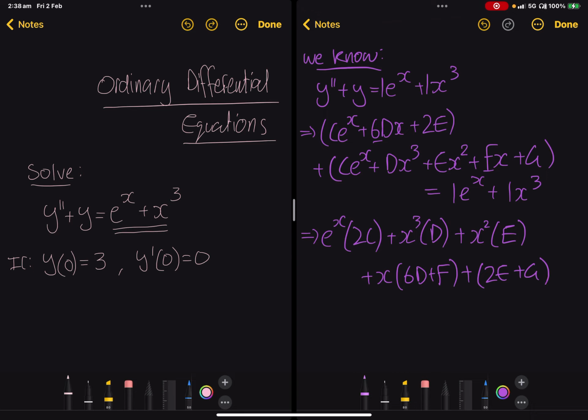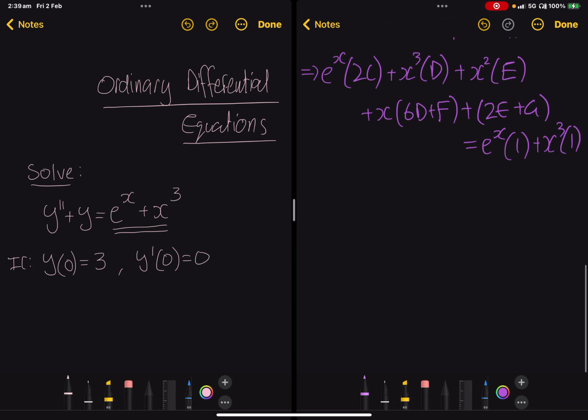This is all equal to e to the x times 1 plus x cubed times 1. Now, in the case where we're doing a comparison of coefficients, we're assuming that any coefficients that don't appear on the right-hand side are equal to 0.